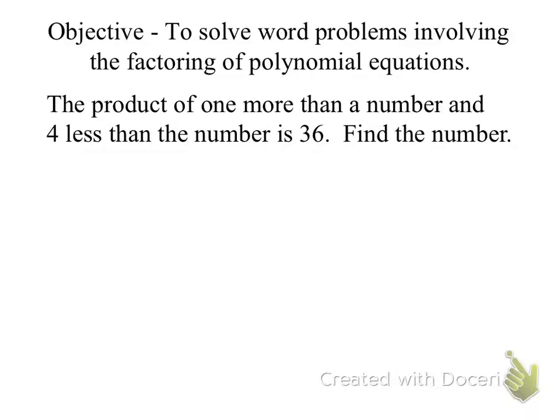All right. So whenever you're doing a word problem, the first thing I want you to do is to define your unknown. Define your unknown. In this case, it says the product of one more than a number and 4 less than a number is 36. And then it says find the number. What is our unknown?